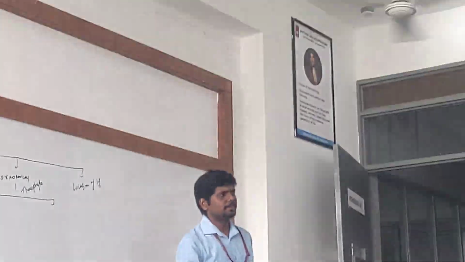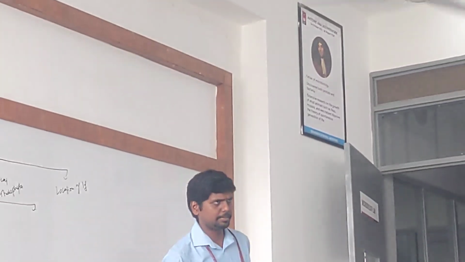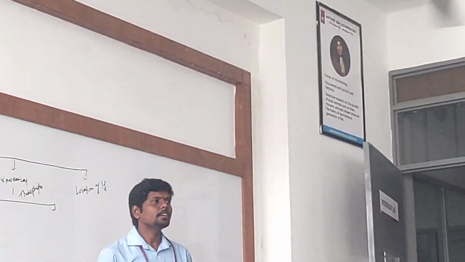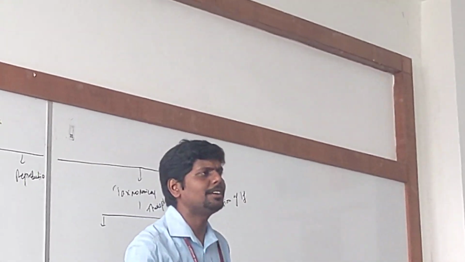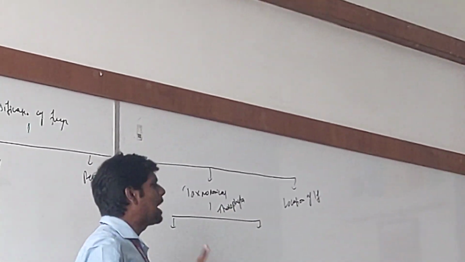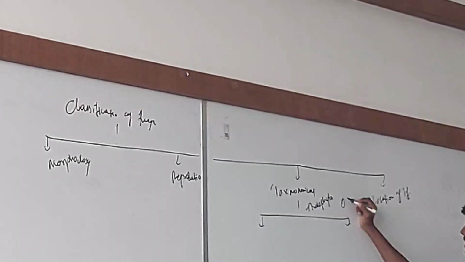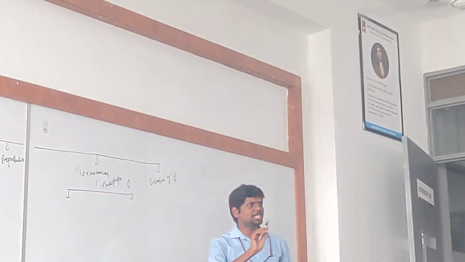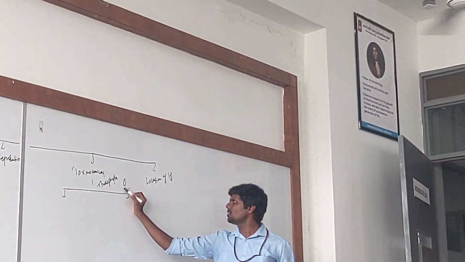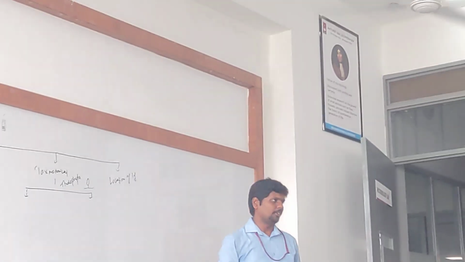Any organisms that resemble plants but are not true plants are kept under Thallophyta. That means they will have some greenish leaf-like thing but not leaf, stem-like thing but not stem, root-like thing but not roots.